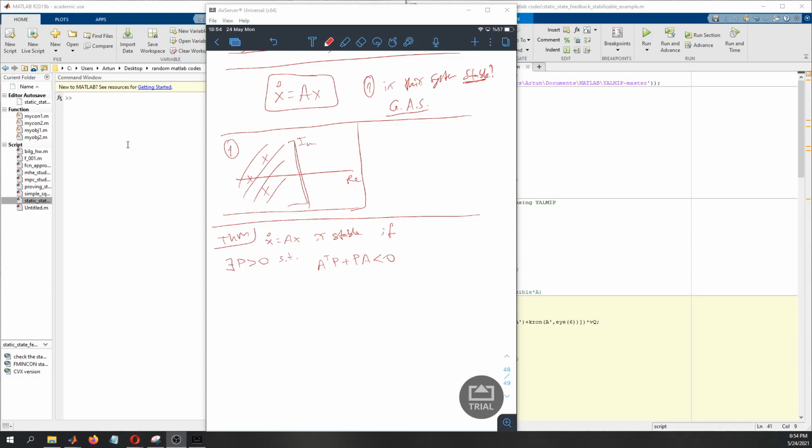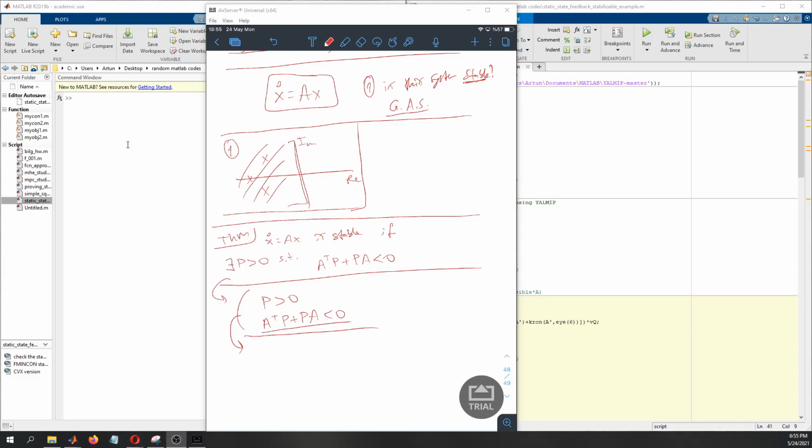So let's discuss this theorem a little more. Here, what we want is P to be positive definite. This is the first condition, and this is the second condition. Let's extend this result.